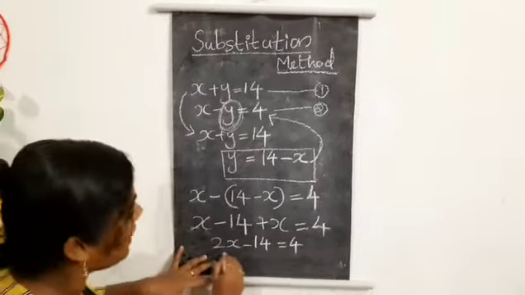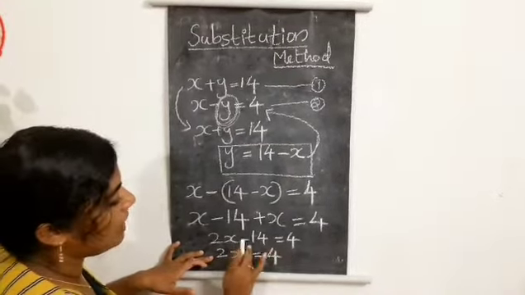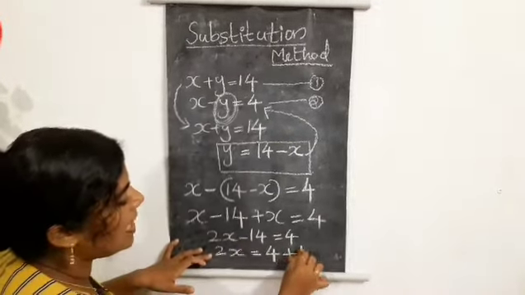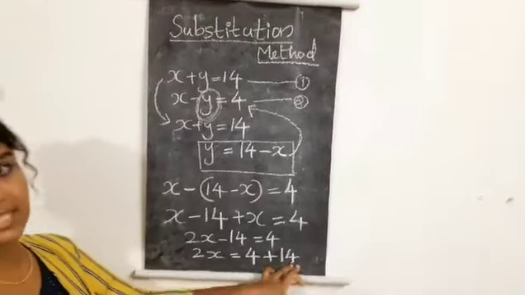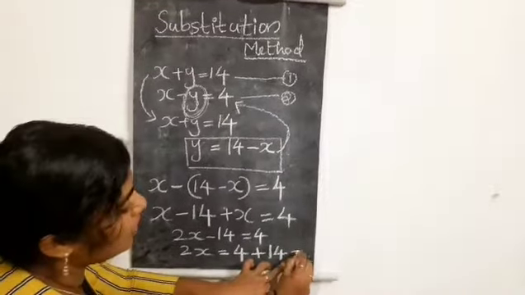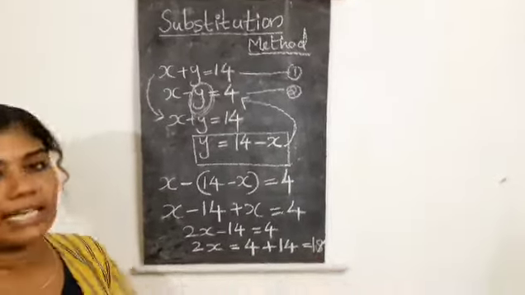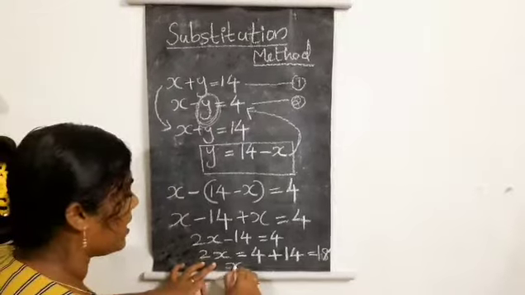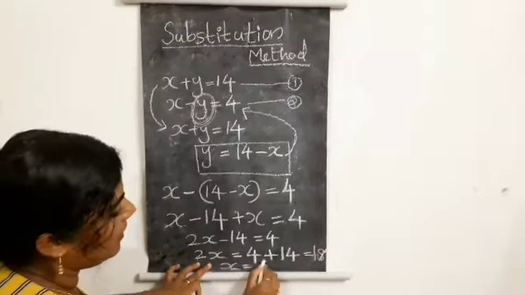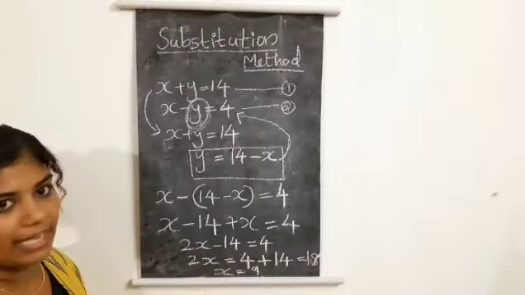So to find x, first we write 2x equal to 4 minus 14, and the 14 goes to the right side as plus 14. Now 4 plus 14 is 18. So 2x is 18. So we know x is 9. I am writing here x equal to 9, which means x is equal to 18 divided by 2, you will get 9.